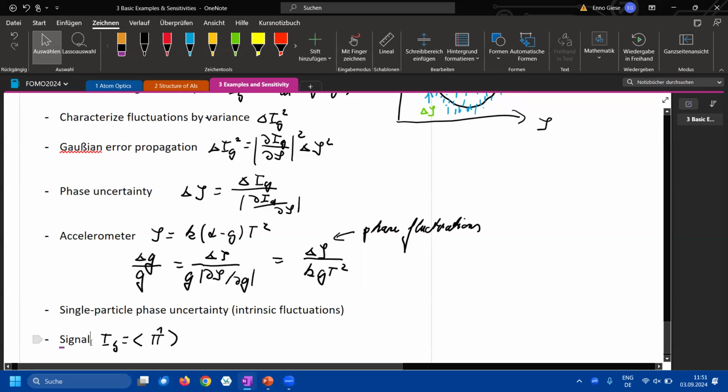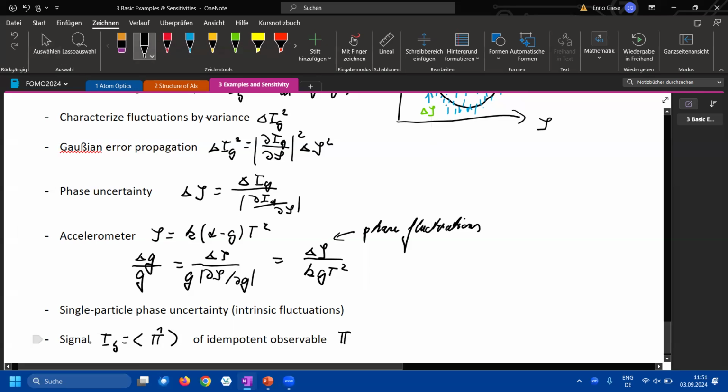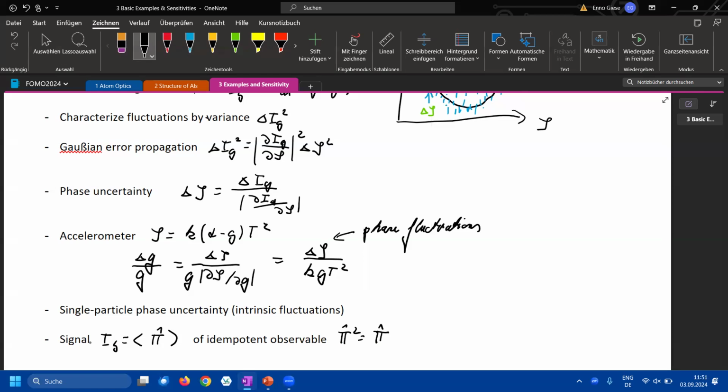And that means our projector, because that's our observable, it is idempotent. And that is actually pretty cool, because its square is equal to the projector itself. That's the property of any projector. And that's the observable, because we took a photo of atoms at one particular position. And then we always get this property.